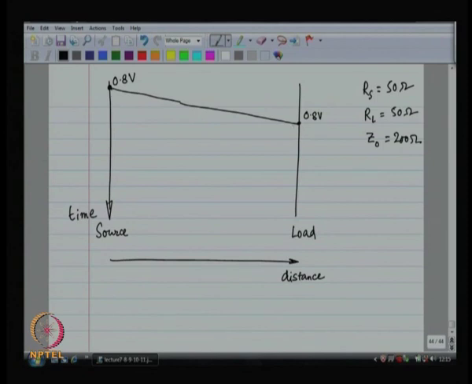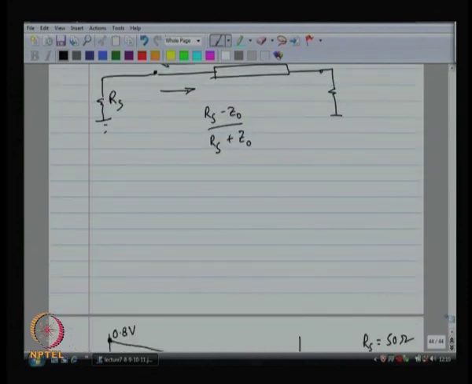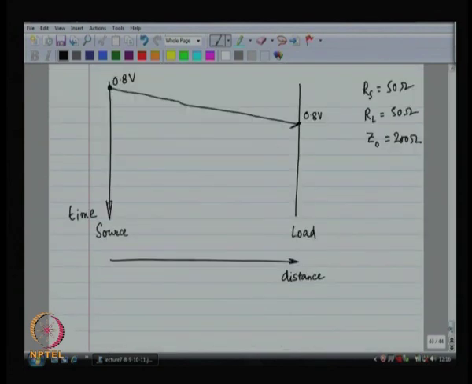So, instantaneously you get a V minus launched, and the value of that V minus is, what is your gamma? Gamma is minus 0.6.